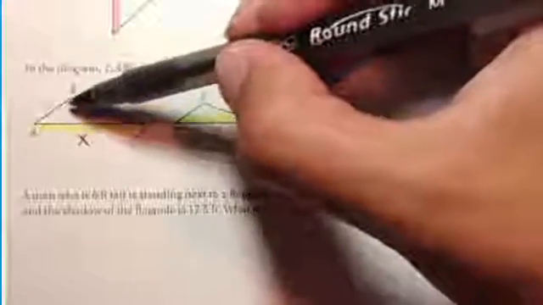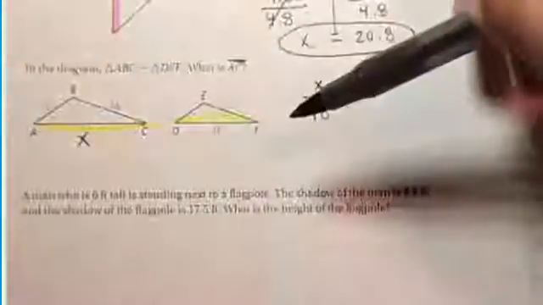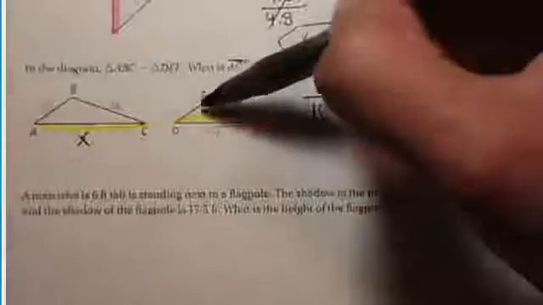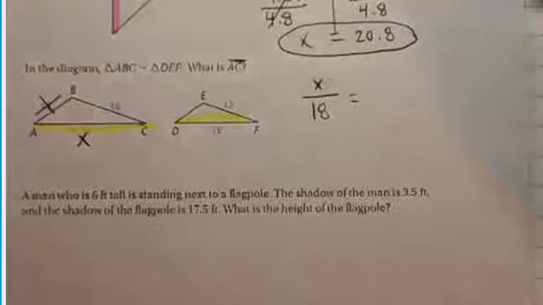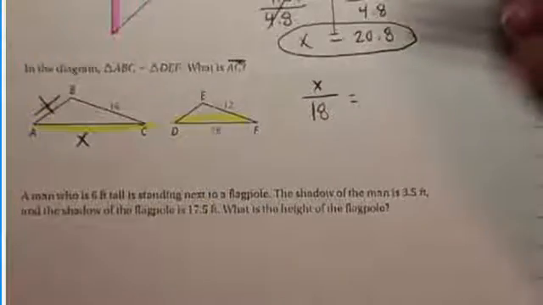If I look at this 10, what side length is that similar to? It's similar to DE, but they don't give us that measurement. So they throw that in there to confuse us, but really 10 is not needed. We don't have the rest of the information to set up the proportion. So I'm going to use the BC.